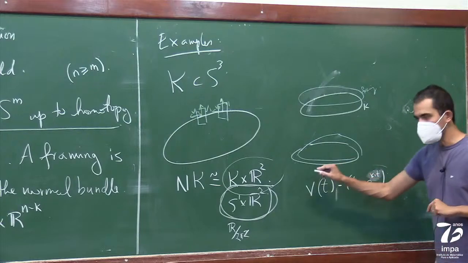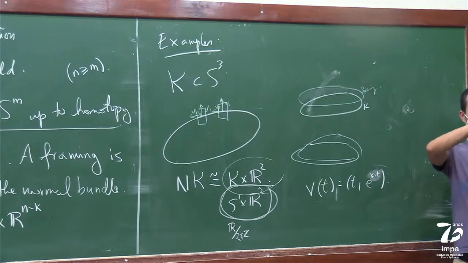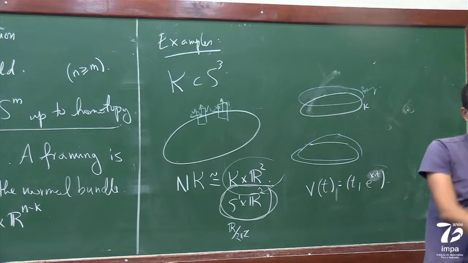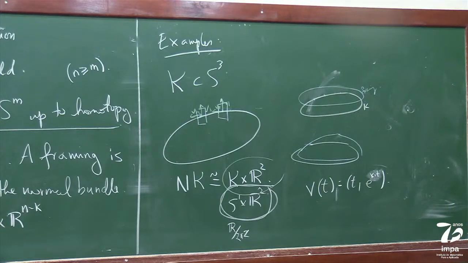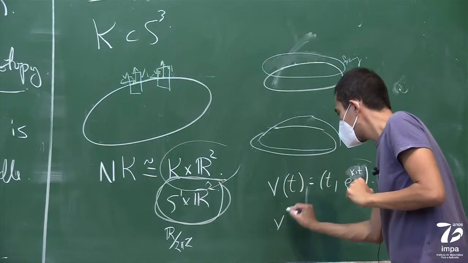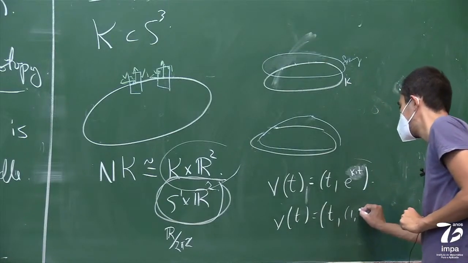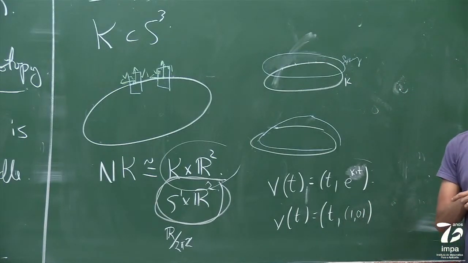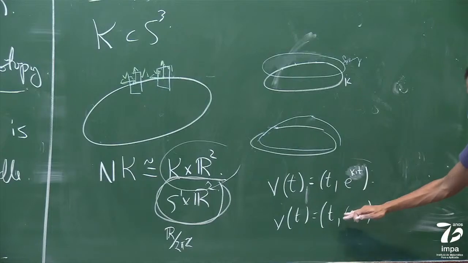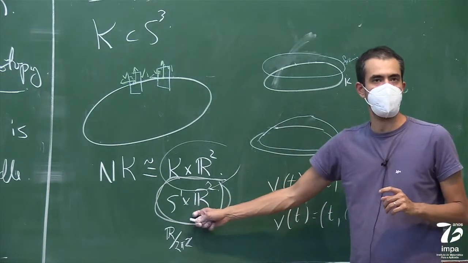If you take this vector field and its orthogonal complement in a positive fashion, that will give me a new framing of the knot. The old framing would be if I just take the constant one, t and (1, 0). That corresponds to the old framing.